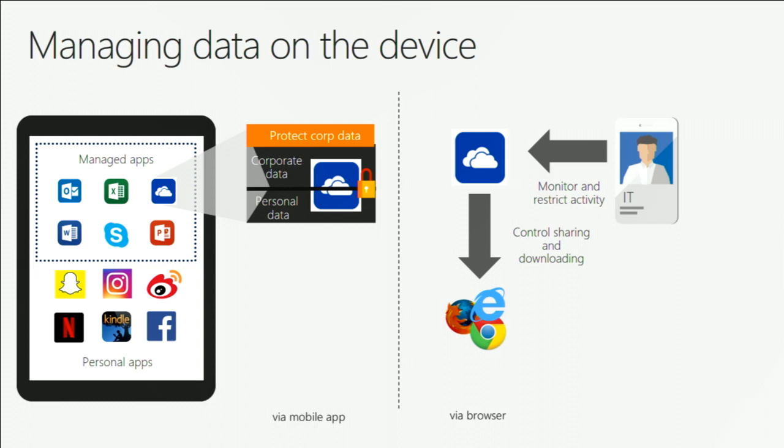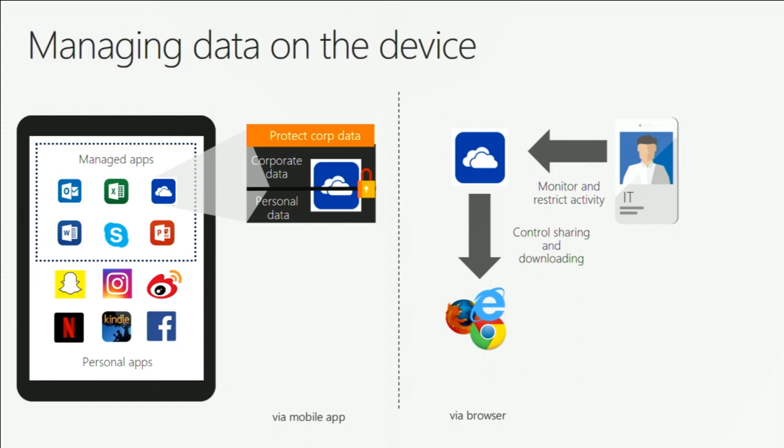And why we're talking about mobile application management is that we feel like this is the best user experience. Instead of managing the whole device, and especially in the BYOD, bring your own device type scenarios, customers don't want their whole device managed by the organization, even if it's their personal device.